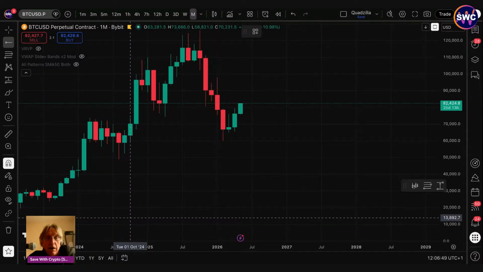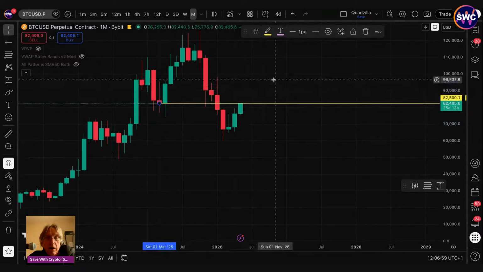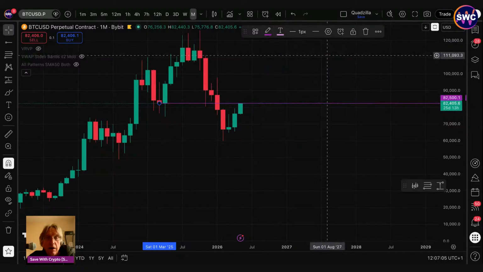So for example, these two candle bodies here that are together, that's from March and April last year. I just like to put a horizontal ray there. And the monthly ones, I tend to make them purple. Somehow in my mind, I think monthly, magenta, something like that.